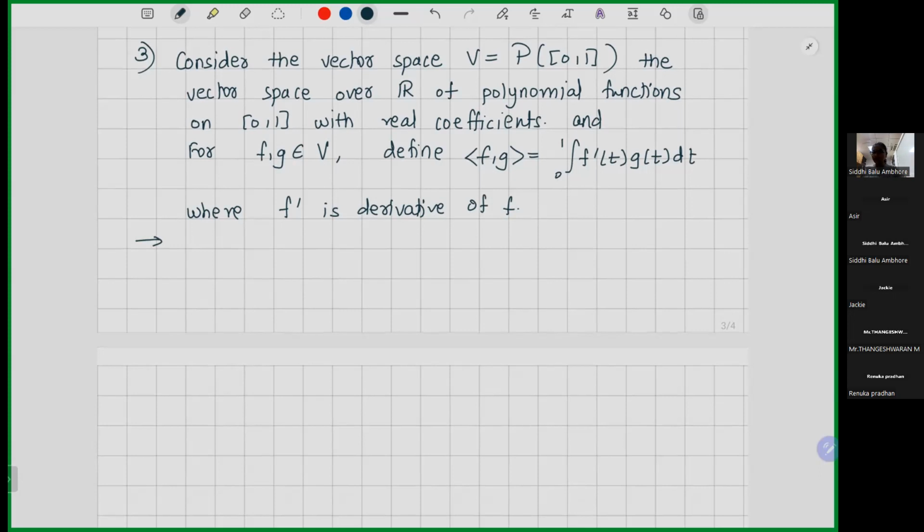Note that here, in this function or map, the first and second coordinates are treated differently: the first one we take the derivative, and the second one remains as it is. Suppose f and g are both taken to be minus x, then the inner product gives a negative value.